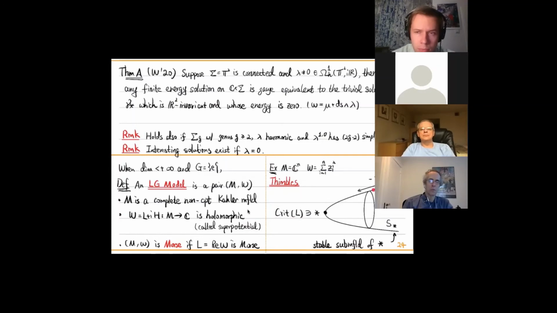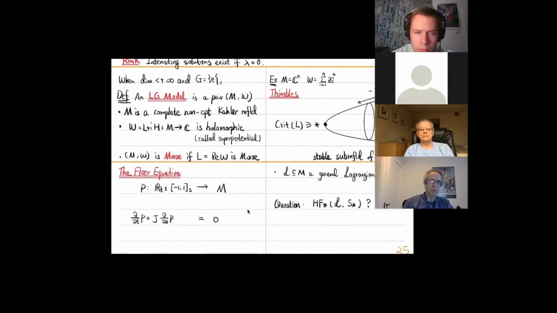So the upshot is a thimble is always a Lagrangian submanifold of the Kähler manifold M. And if you consider all critical points of the real part, then the Fukaya category of M is generated by all these thimbles in a suitable sense.